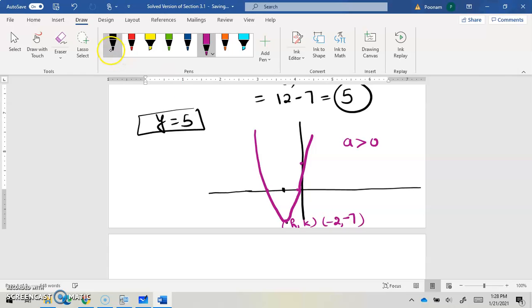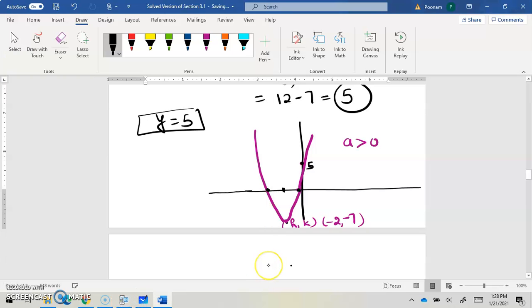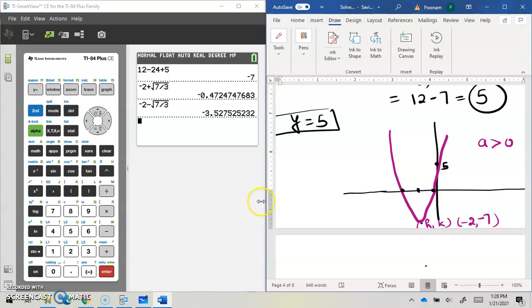Both x-intercepts were negative, and the y-intercept is at 5, right? So, this one here is negative 3.52. And this point here is negative 0.47.